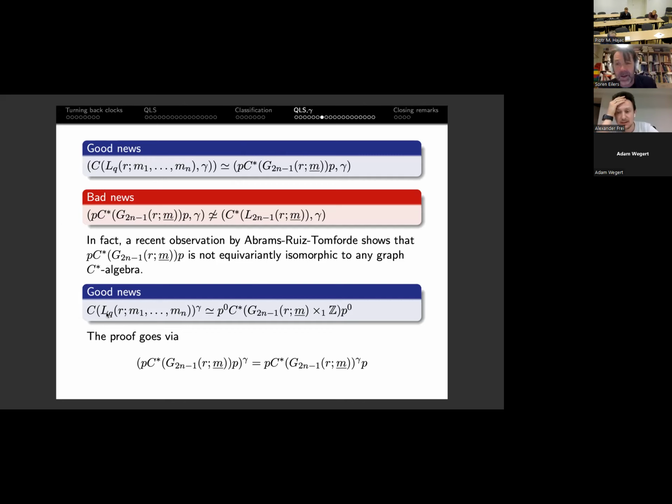I think that actually most of the time, a corner of a graph C-star algebra is itself a graph C-star algebra equivariantly. So the problem here only happens when you have C-star algebras like this with lots of circles. If you have something purely infinite, then I don't think this happens.